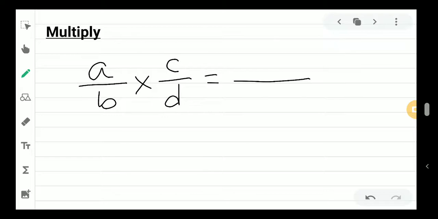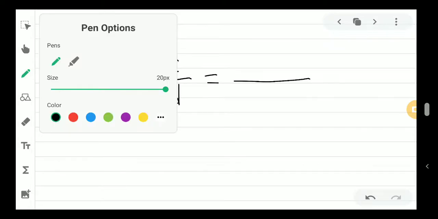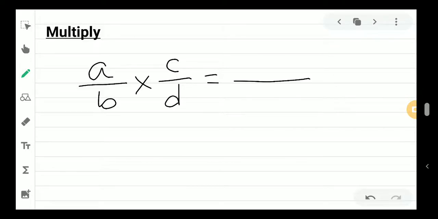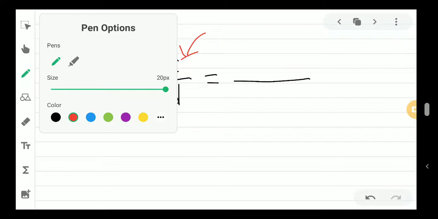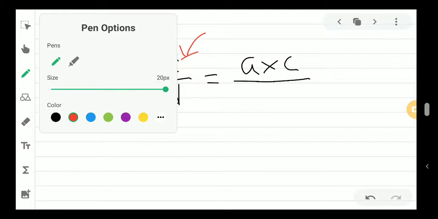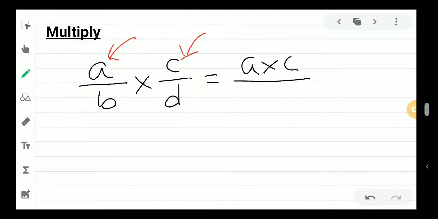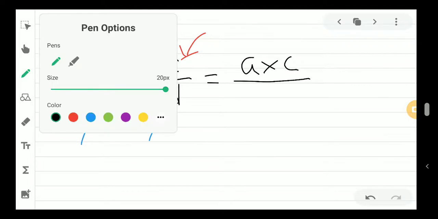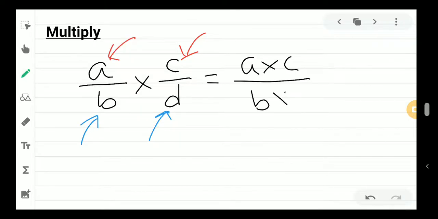That means this is the numerator and this is the numerator, so these two numerators will be multiplied. So a into c, and in the denominator, this denominator and this denominator will be multiplied. So basically the answer will be a into c divided by b into d. So this is the way to do this multiplication.